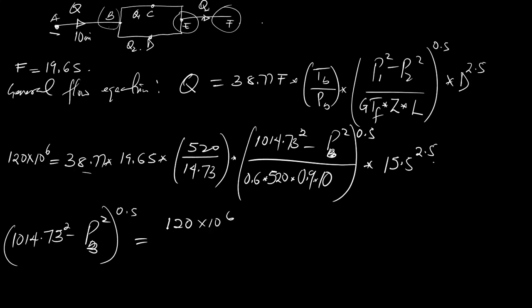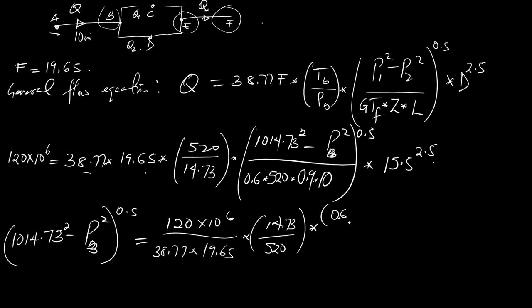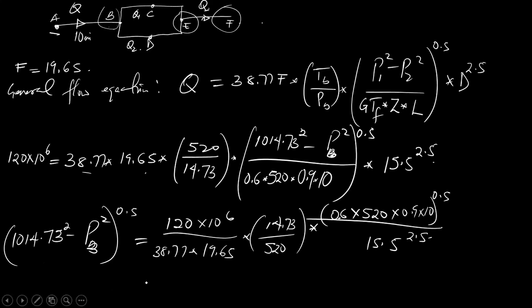Now you divide by 38.77, divide by 19.65, times 14.73 divided by 520, times bracket open 0.6 times 520 times 0.9 times 10 bracket close raised to power 0.5, divided by 15.5 raised to power 2.5. So that is that.